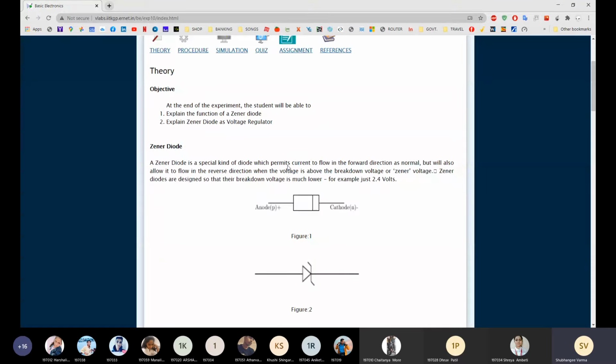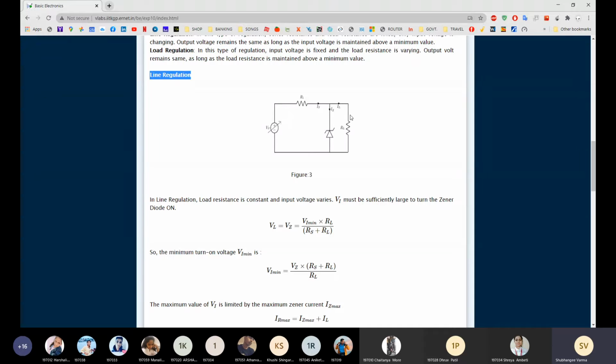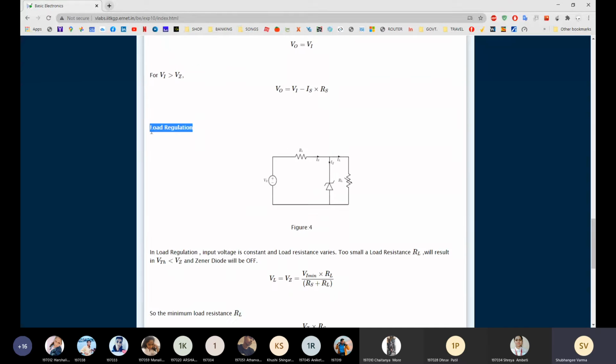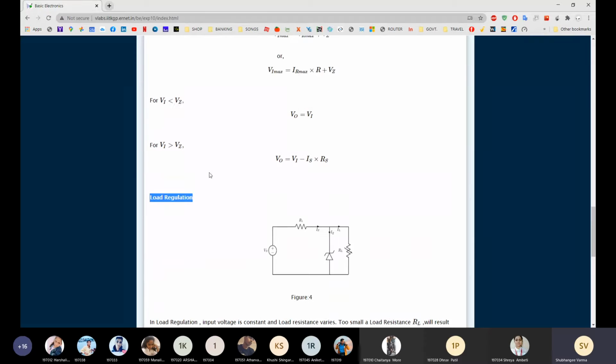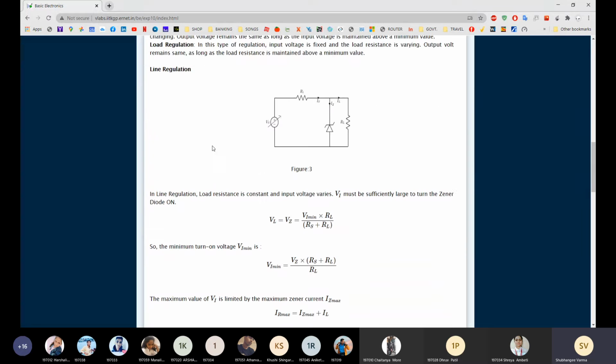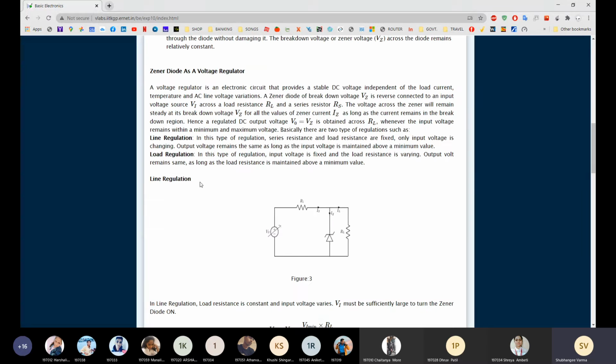Line regulation means we maintain the output current constant by changing the input voltage. Load regulation means we maintain the output current constant by changing the load. For both regulations, your load current, the output current, should remain constant, and that is the property of a regulator.